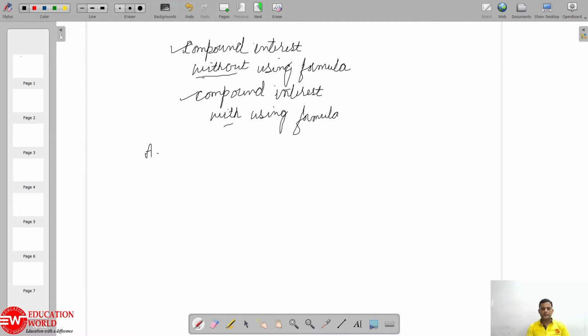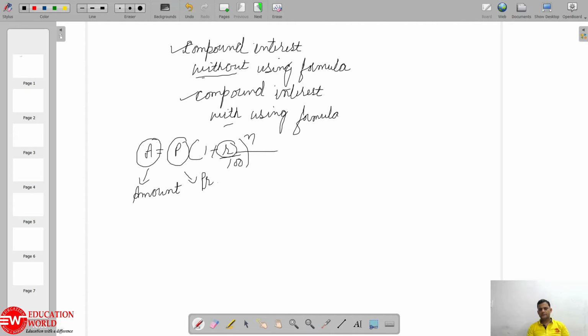The formula for finding the amount is A = P(1 + R/100)^n. Now what are the components? A is the amount, the final amount. P is the principal, you are already aware.